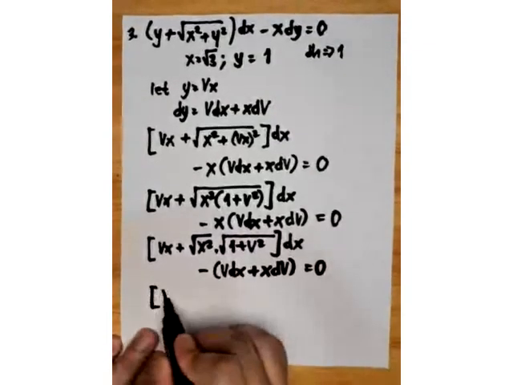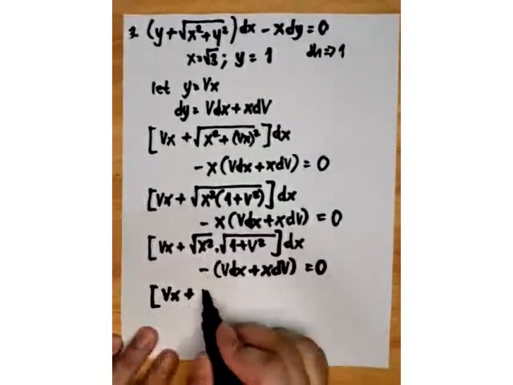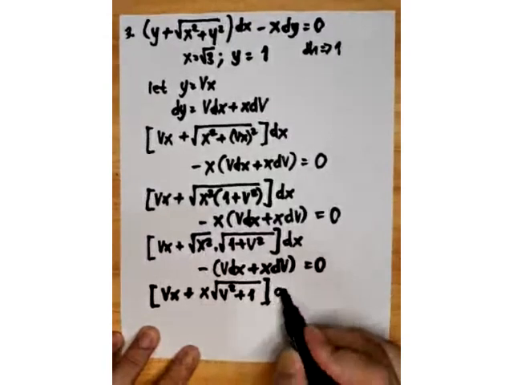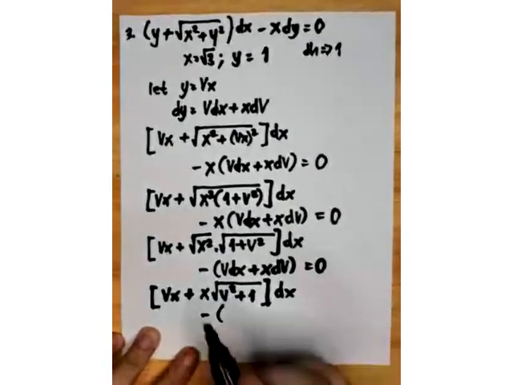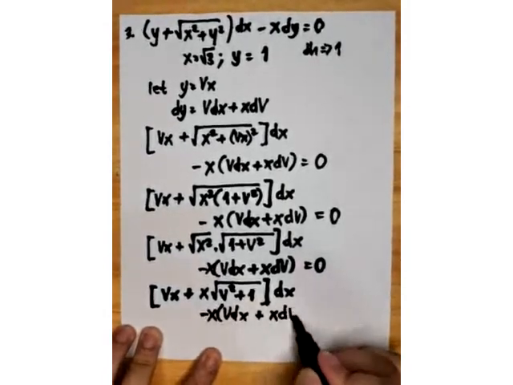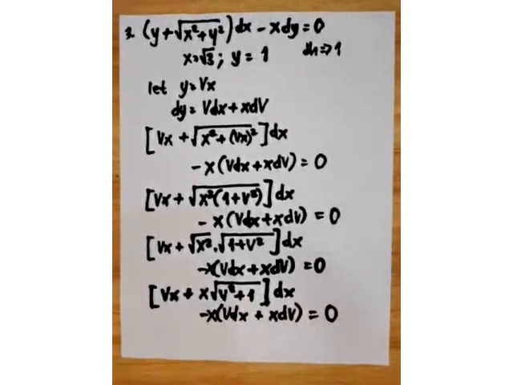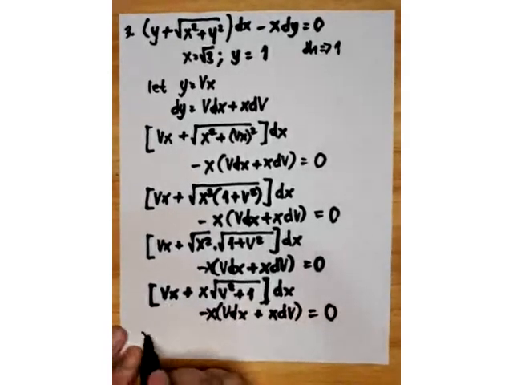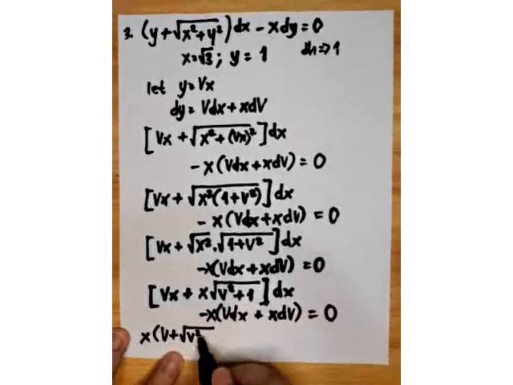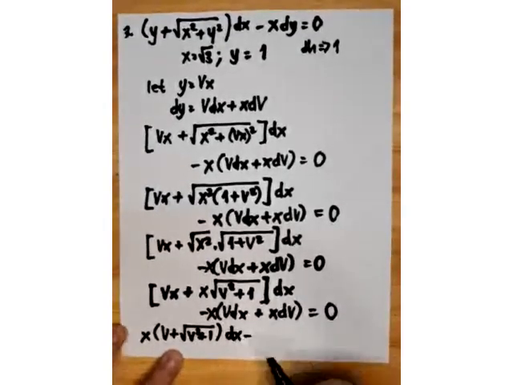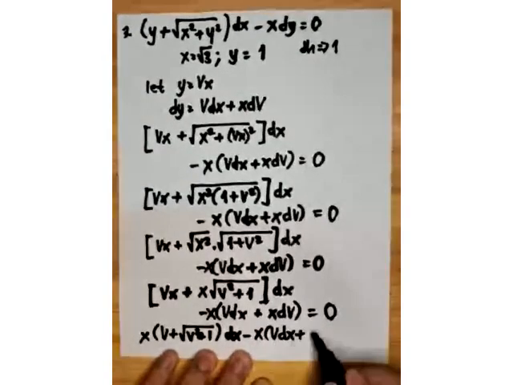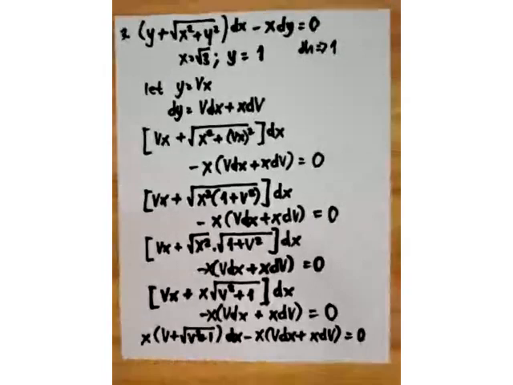Okay, so let's try to simplify. So vx plus square root of x squared is x times the square root of v squared plus 1. dx minus x times v dx plus x dv is equal to 0. Okay, and then we'll factor out the x here. So x times v plus the square root of v squared plus 1 dx minus x times v dx plus x dv is equal to 0.